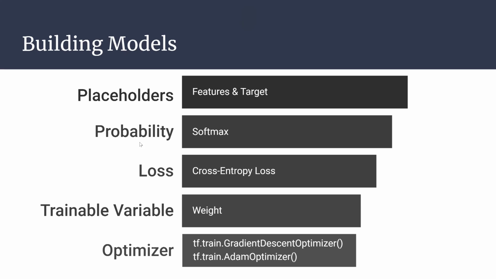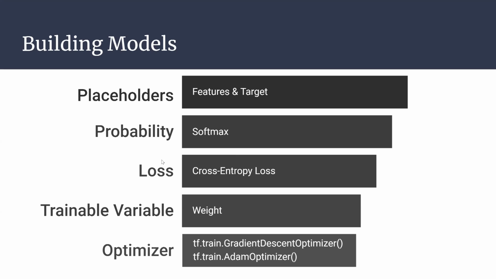And this probability is going to be calculated using this softmax function that we're going to use. It's going to be a predefined function, I believe. There's going to be some math involved that calculates this probability, and this is used particularly in classification problems. So that's why we're using it here.